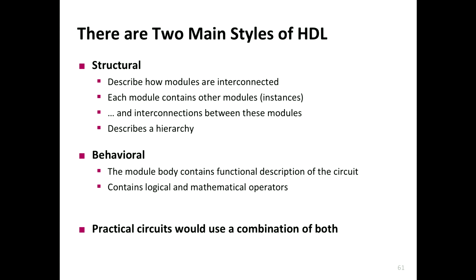The other one is behavioral, where you know that if A is 1, then B has to do something, and you can say this without knowing how to realize the circuitry in the digital sense. We will see how we do both structural and behavioral, because when you implement and test a practical circuit, you are going to use a combination of structural and behavioral styles of writing a hardware description language.